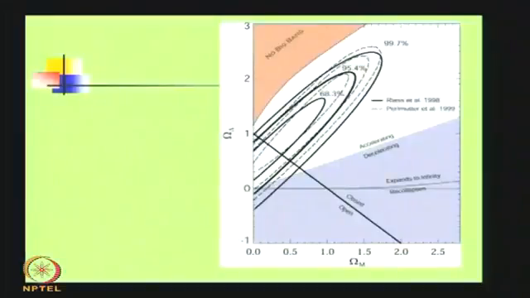So you see, what we learn from this is that the supernova observations can play a very important role in determining what is the cosmological model that describes our universe. That is the crux of the whole discussion.